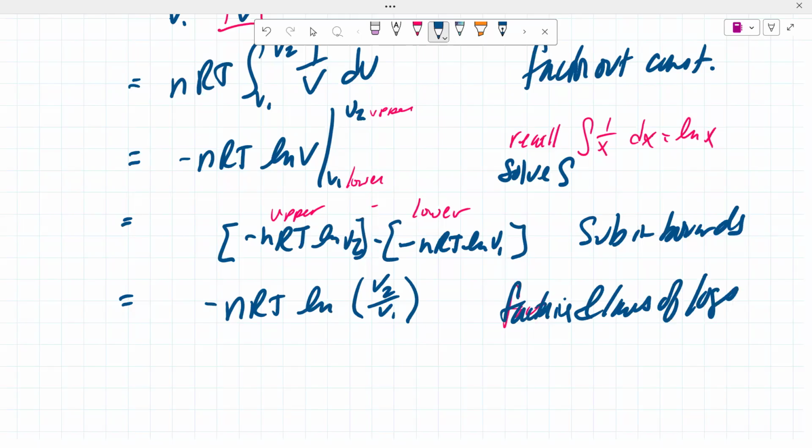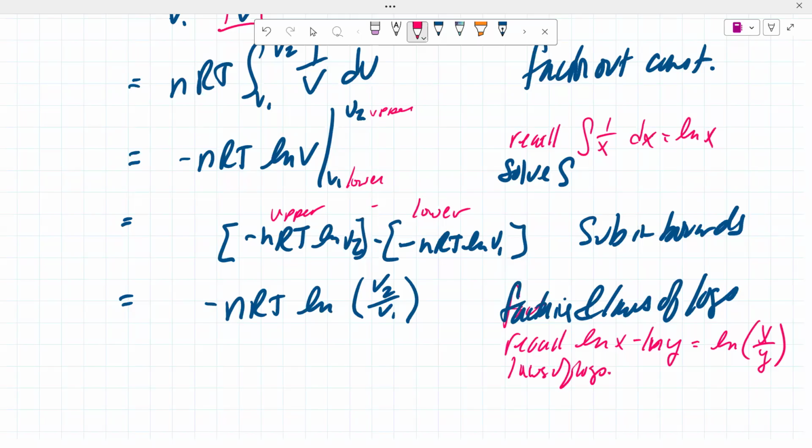Recall the laws of logarithms: ln x minus ln y equals ln of x over y. Laws of logs is where that came from.